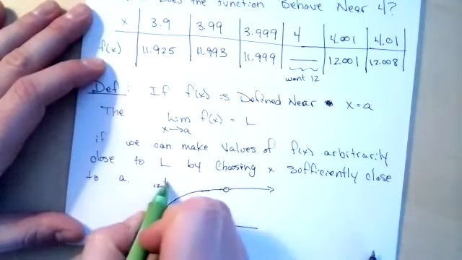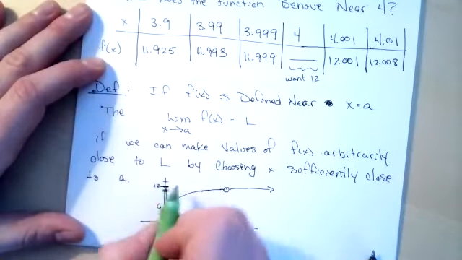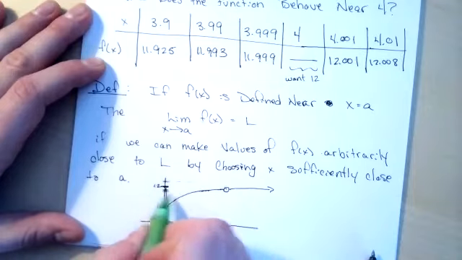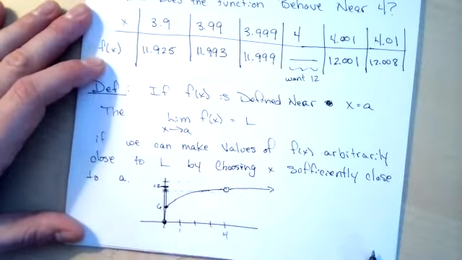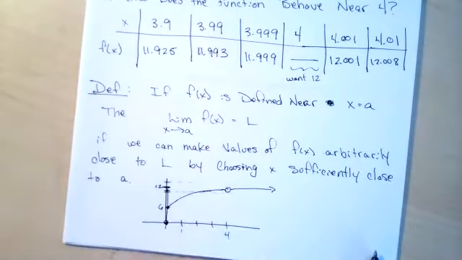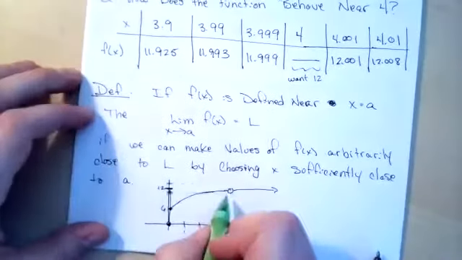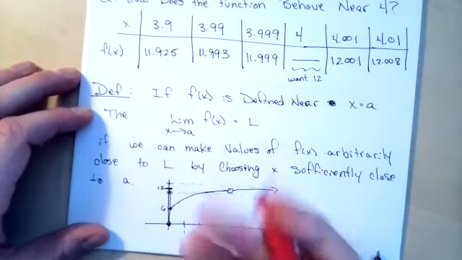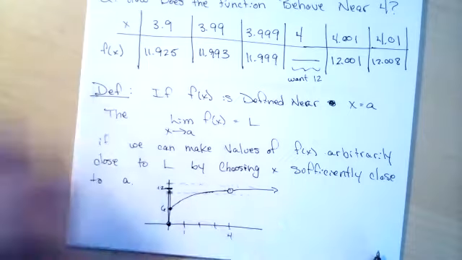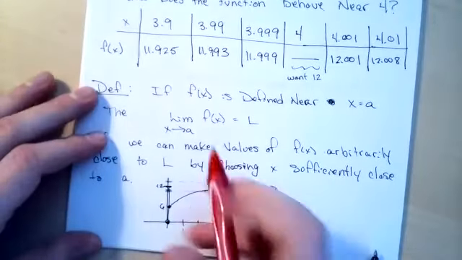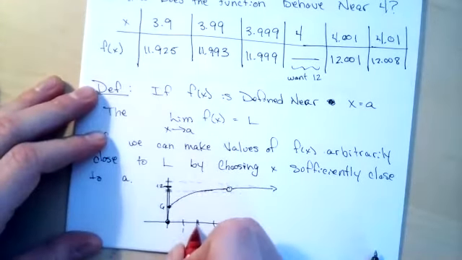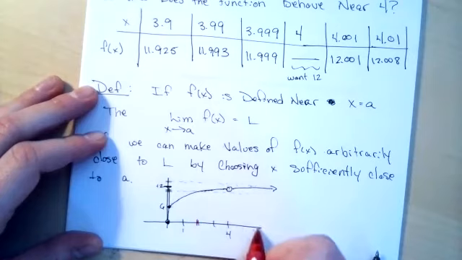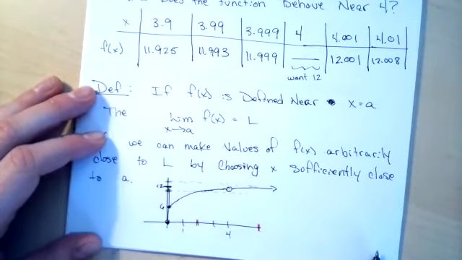However close we want to specify, we specify a margin of error around what the limit should be. So we specify this margin of error around 12, and within that margin of error of our output, we can find a specific input. And for this function, it looks like our margin of error for the input is going to be fairly big.